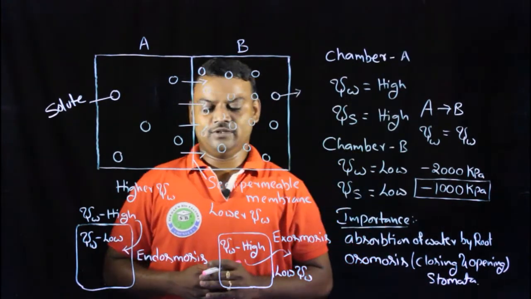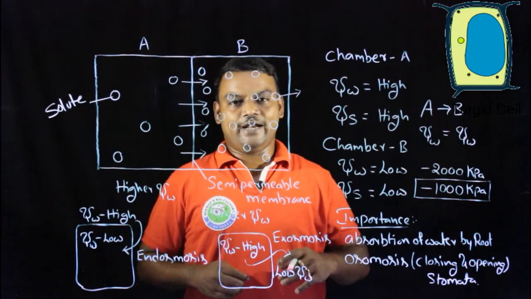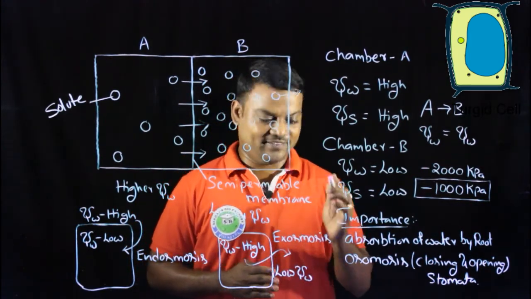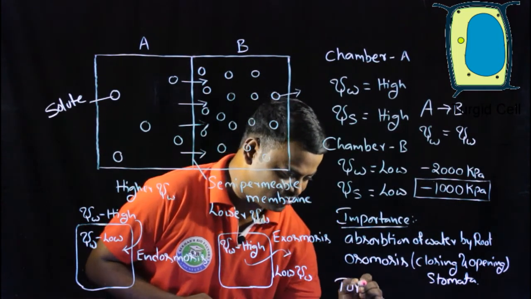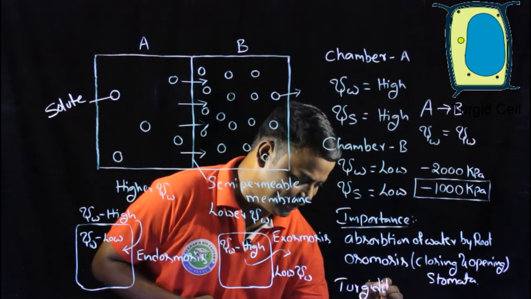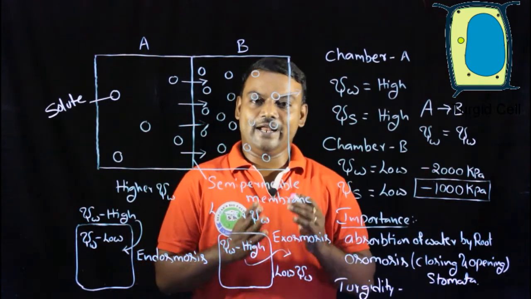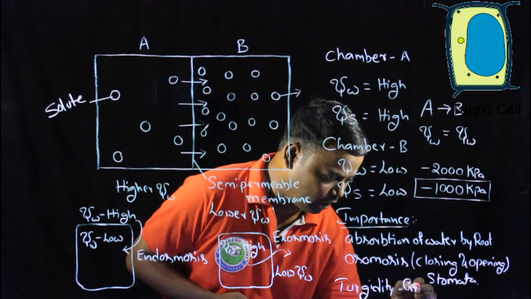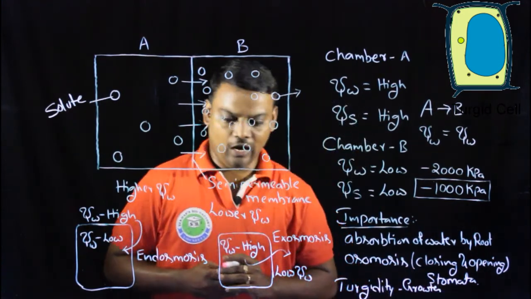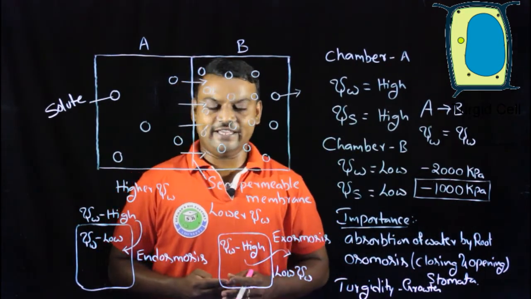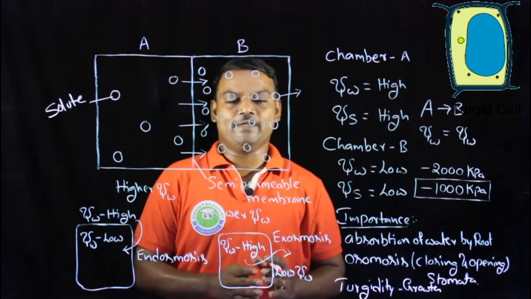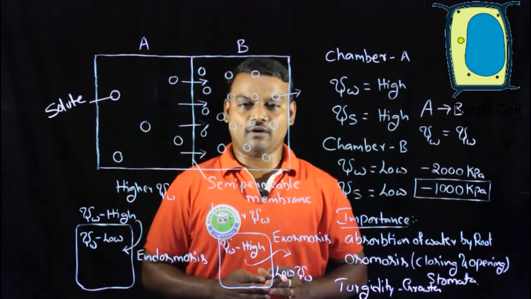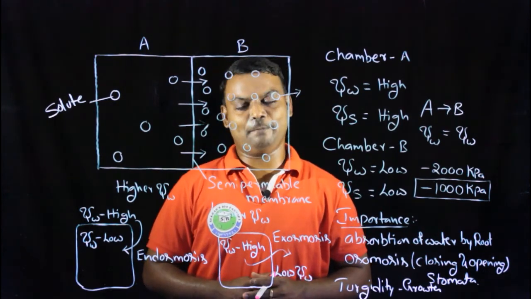At the same time, when water enters into a cell, that cell is considered a turgid cell. So the turgid cell, due to this turgidity, is directly and indirectly helpful for the growth of the cell, and along with this it helps to maintain a particular shape in the cell. This is the importance of the osmosis process in plant cells.